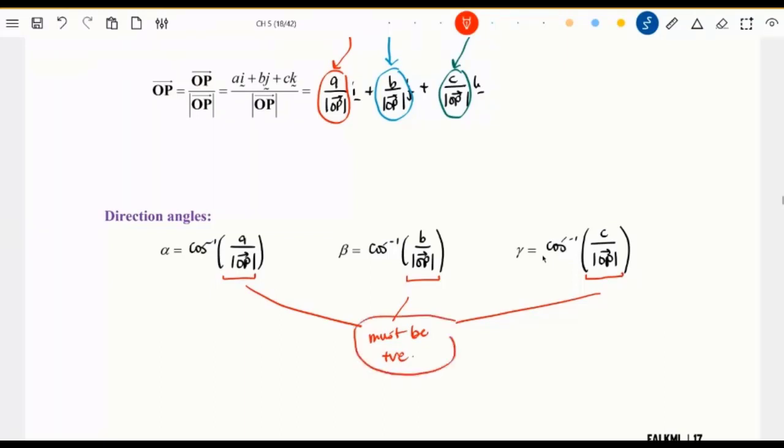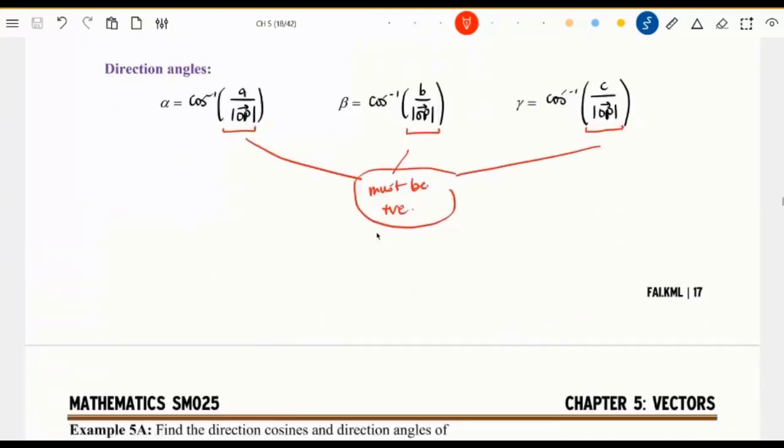Sebab kalau kamu dapat negatif, kamu ada negatif dalam angle tu, kamu akan dapat nilai lebih daripada 90. Usually kita tak kisah pun, kalau kamu nak dapat terus pun boleh. Tapi for the concept itself, dalam inverse cos mesti positive value. Okay, so we go through for the example.